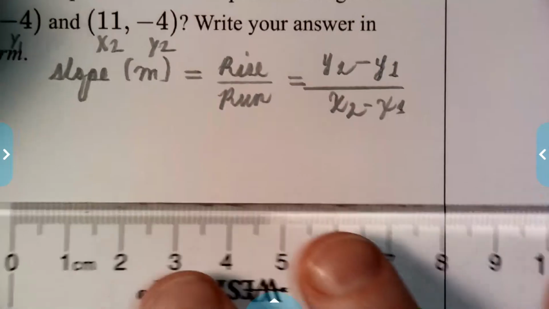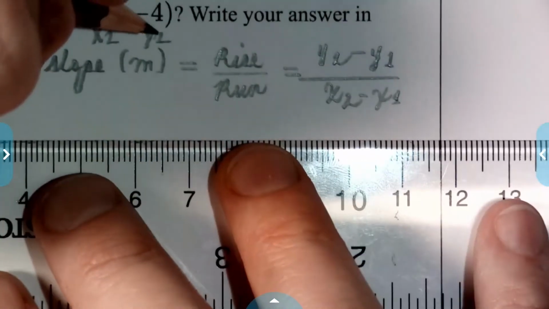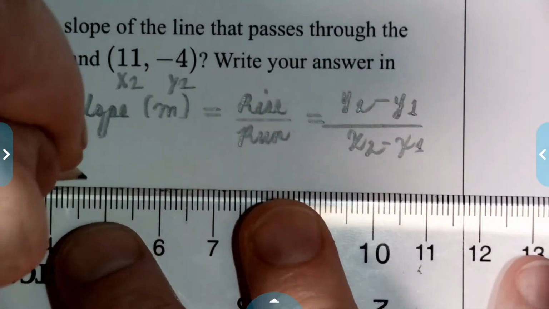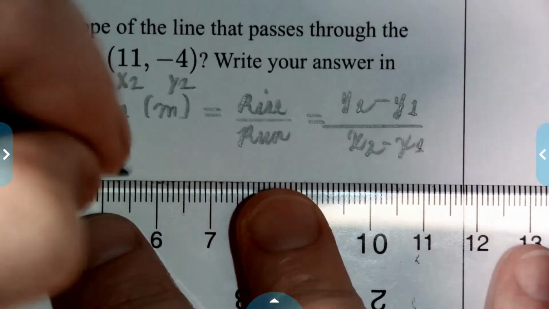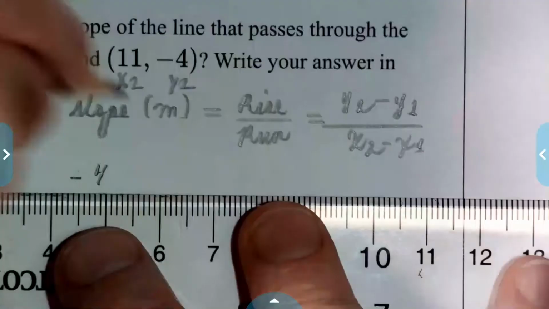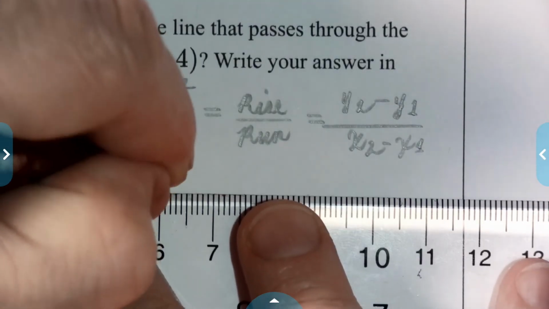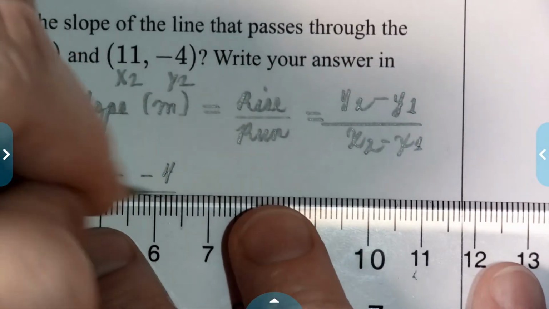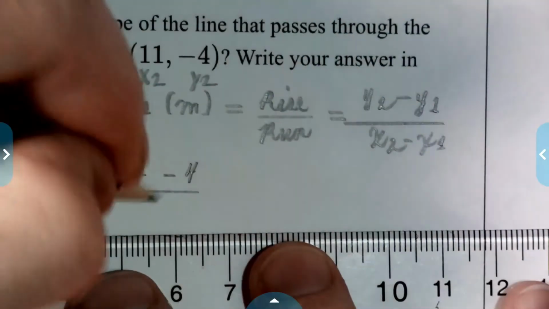Okay, so you can come over here and write down y2, which is negative 4, minus y1, so minus negative 4 over x2 minus x1, 11 minus 7.